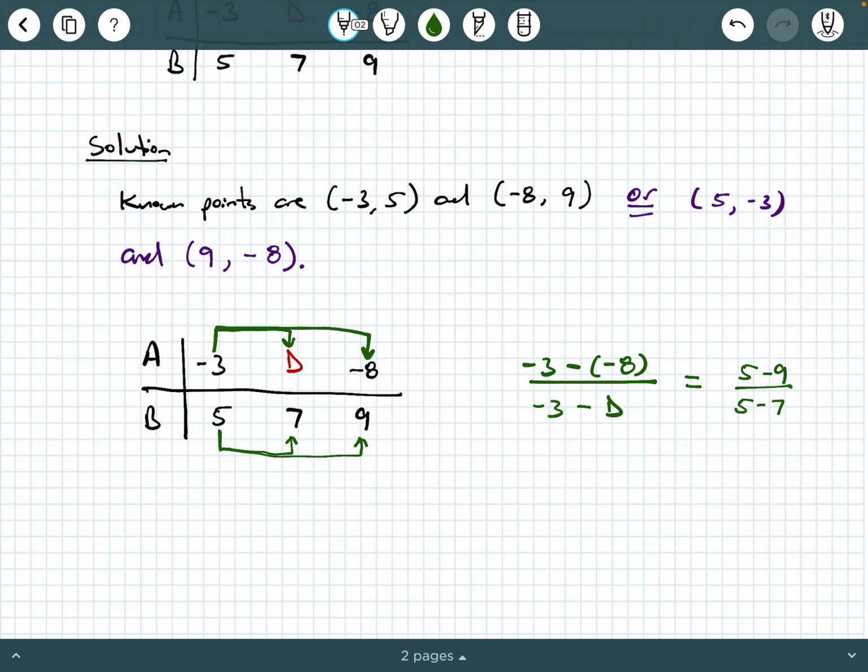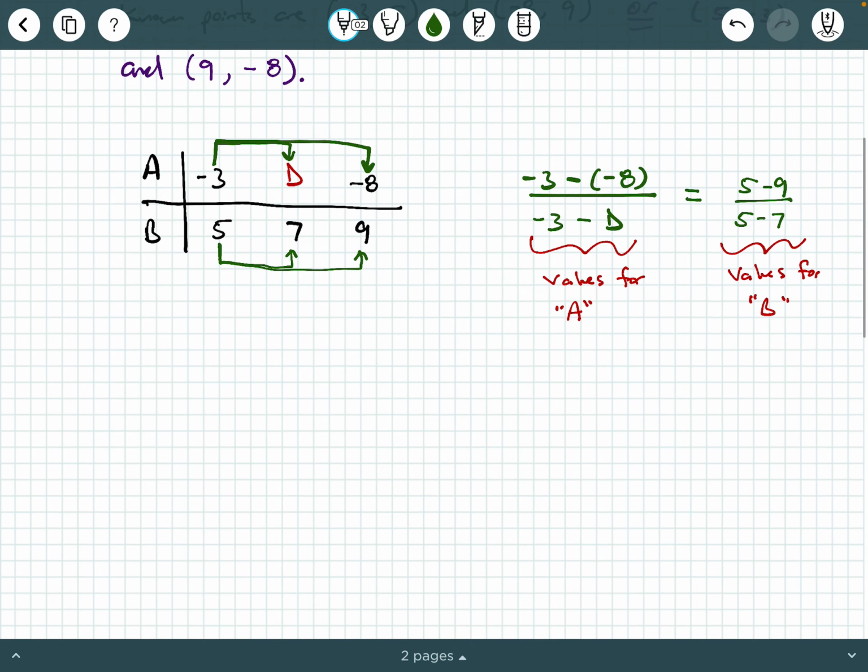Now again, notice that I subtracted and divided values in the same pattern on the left side of the equation as I did the right side of the equation. So the left side of my equation represents what's happening with values for A, and the right side of my equation represents what happens with values for B, okay? And again, I subtracted and divided in the same pattern on the left and the right side.